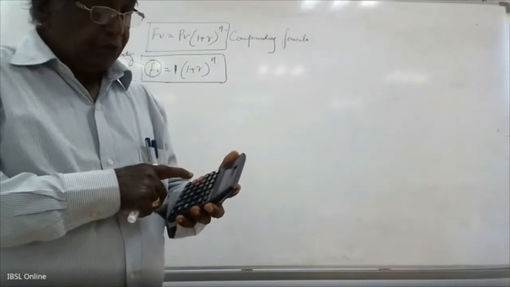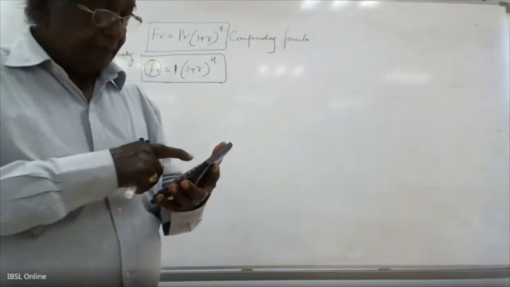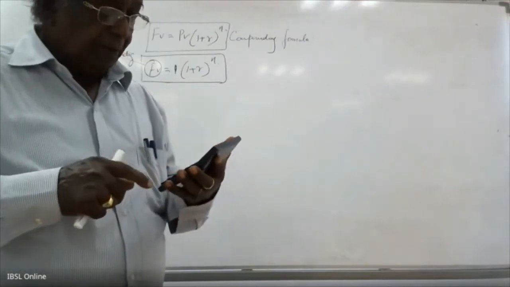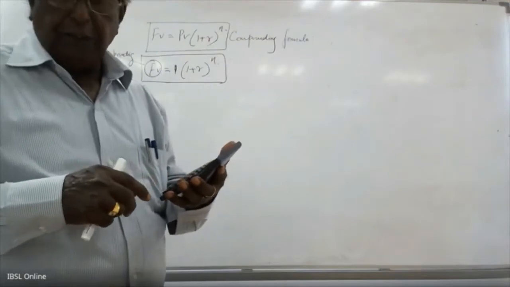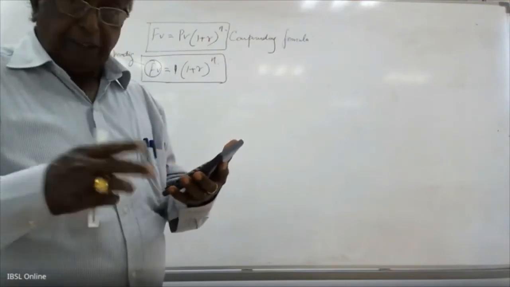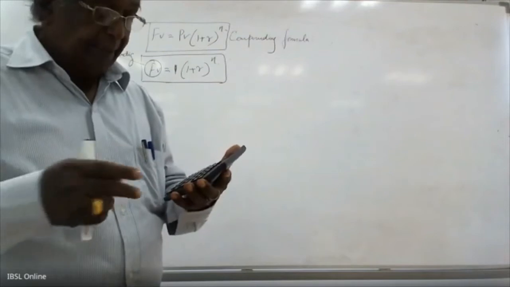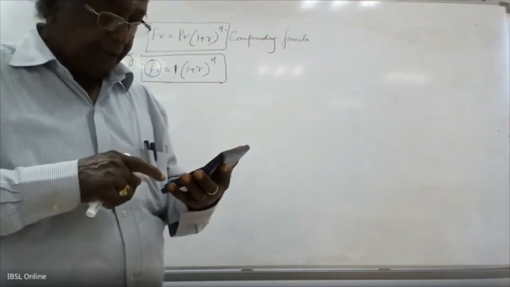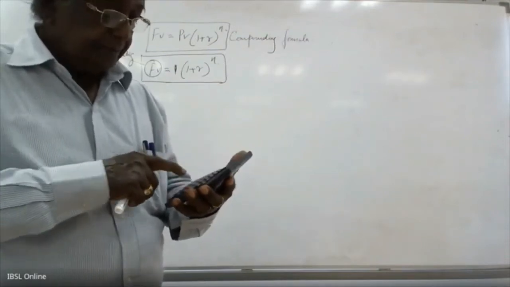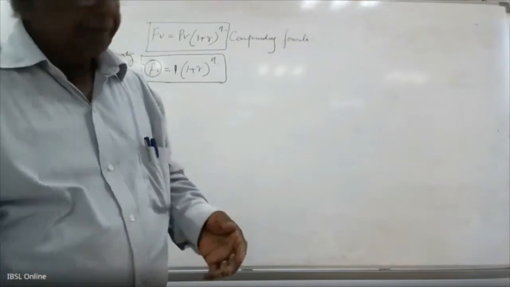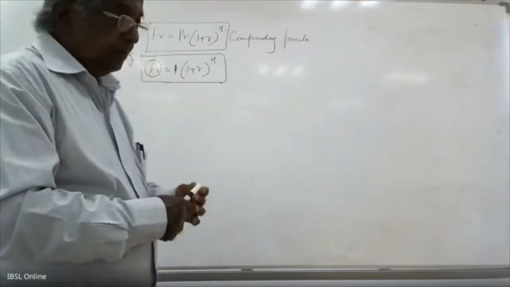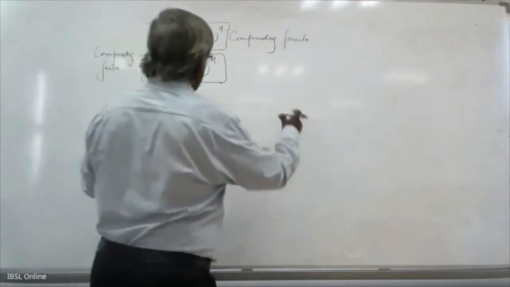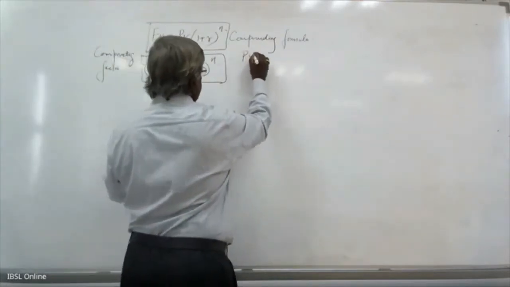Okay, how can we use this in calculating the compounding, the future values, present values, without using the compounding table? Now, PV is equal to 5,000 rupees.